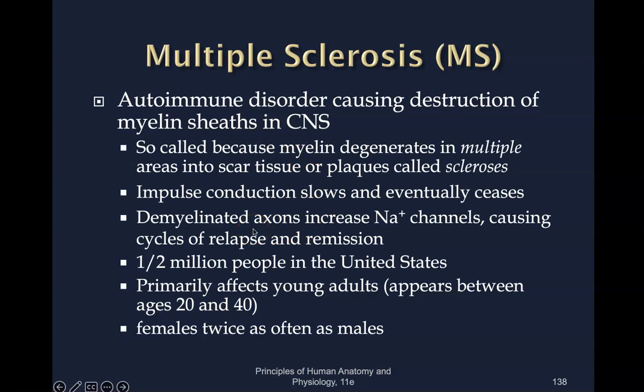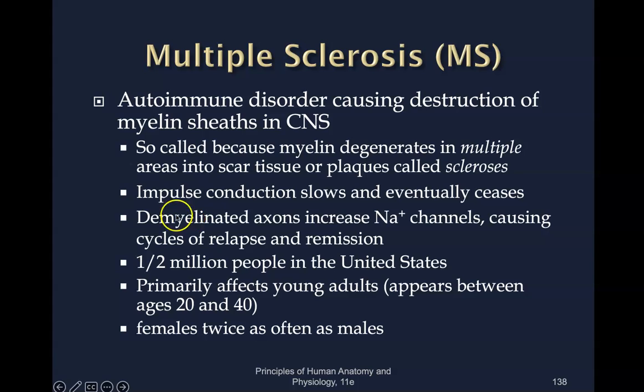And demyelinated axons oftentimes will increase their sodium channels, causing these cycles of relapse and remission. So what ends up happening is, with those demyelinated axons, initially we start to see the impulse conduction slow until all of a sudden the sodium channel production increases on those.